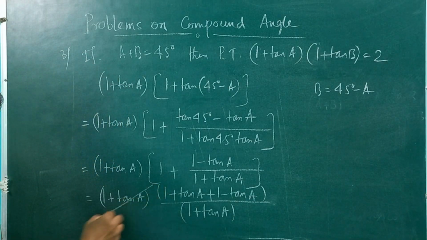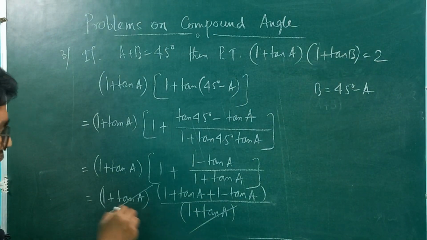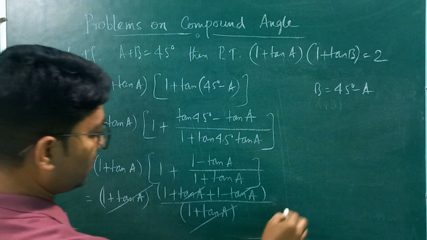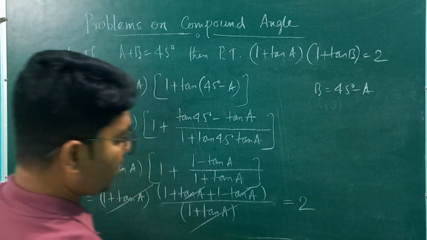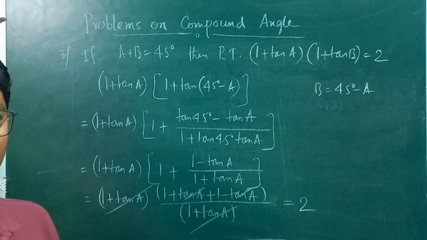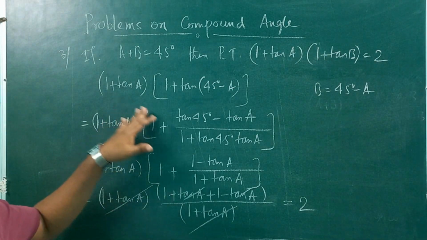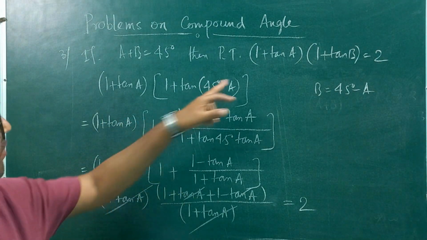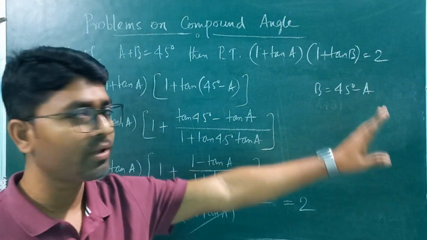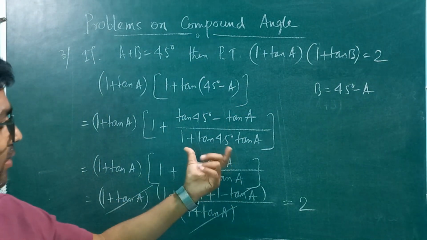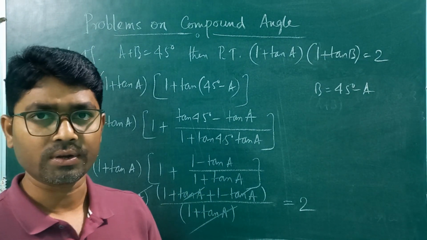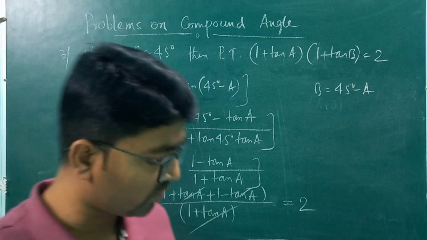You see, you have got your required result, because 1 plus tan a cancelled, tan a cancelled, and you have got your required answer 2. So this is a very simple process. Just replace this angle by 45 degree minus a, then break the tan, just add them, and you have got your result.